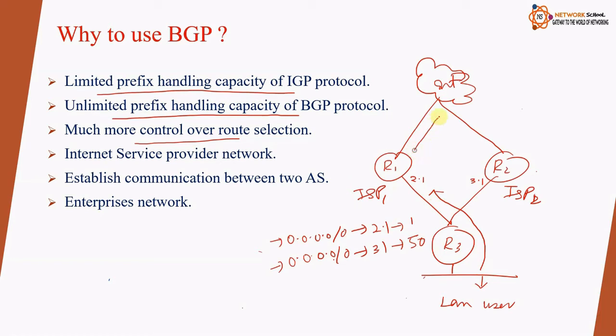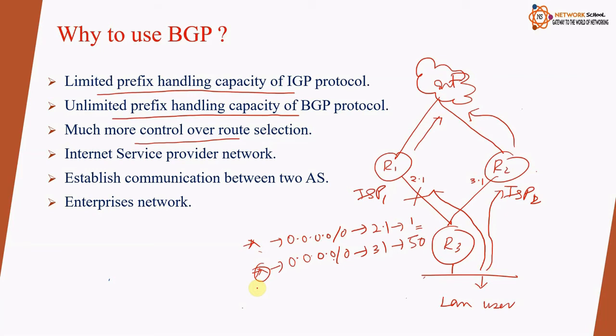Now if ISP1 goes off, if this link goes off, then the traffic initiated from the LAN will go to router 2, and from router 2 to the internet. In the first case this default route comes into the picture because it has the lowest AD value, and when this fails, the second default route will be installed in the routing table and come into the picture. So this is the normal scenario.